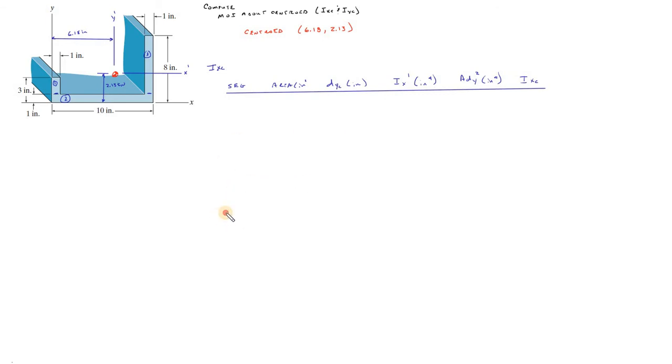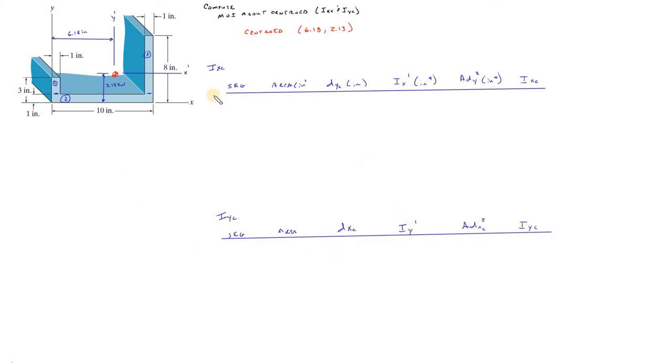I'm also going to go ahead and set up my Iy. Might as well do it right away so we can just fill in everything. So again, our segment, our area, and just to save time, I'm not going to put the units, but we know what the units are based on up here. And A dx squared, centroid, and Iy centroid.